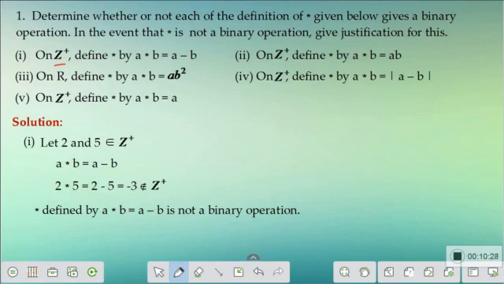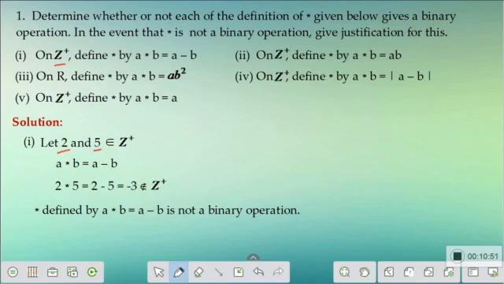Let's take two elements from the set Z plus, that is, one is 2 and the other one is 5. By the definition of star, we have a star b equal to a minus b. Let us define this operation for these two elements. So 2 star 5 will be 2 minus 5, which is equal to minus 3.